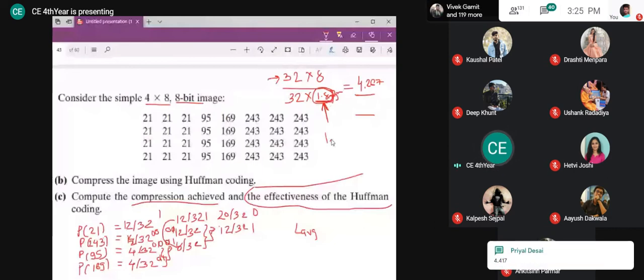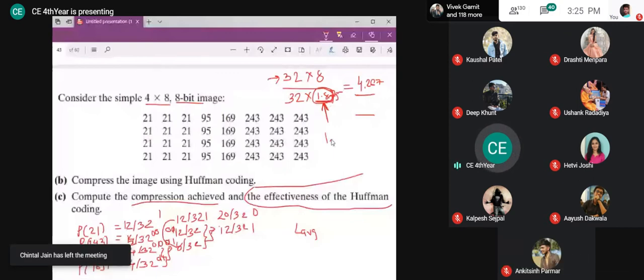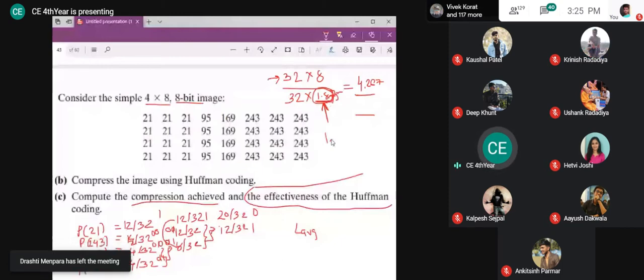What is it? 4.417. Now find out the percentage: this value is how much percentage of this value. If 4.417 is 100%, then this is how many percentage?